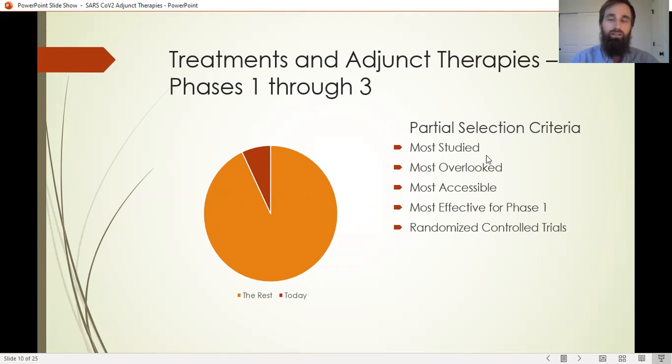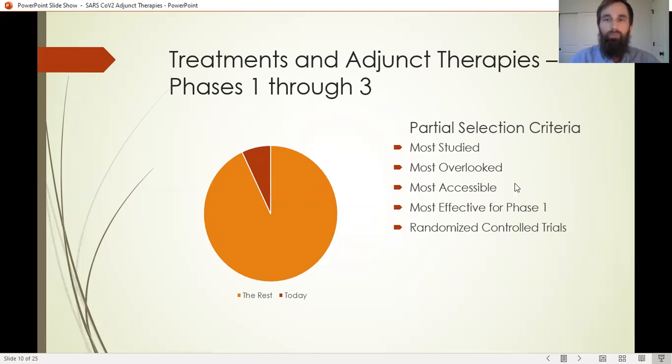I chose ones that have been most overlooked. I chose ones that are most accessible to the average person. They're not costly. They're not 100% dependent on the supply chain functioning. We saw major issues with that.